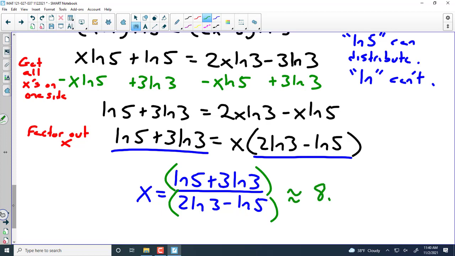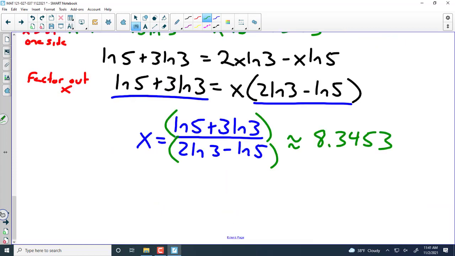I got 8 point something if you want to try that and see what you get. Everyone, the answer is 8.3453. Now, if you are having trouble with your calculator, by all means, please come talk to me for help, talk to a friend that has the same type of calculator, or talk to Rachel for help on that. Because any one of us would be happy to help you learn how to use your calculator.